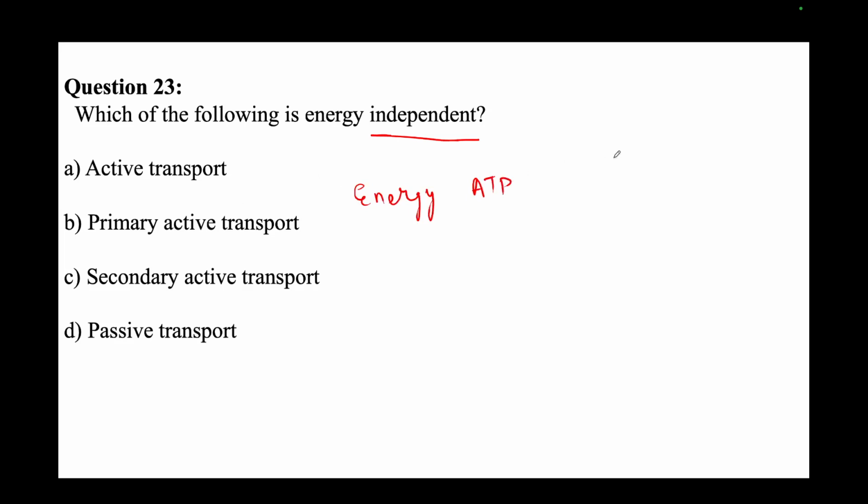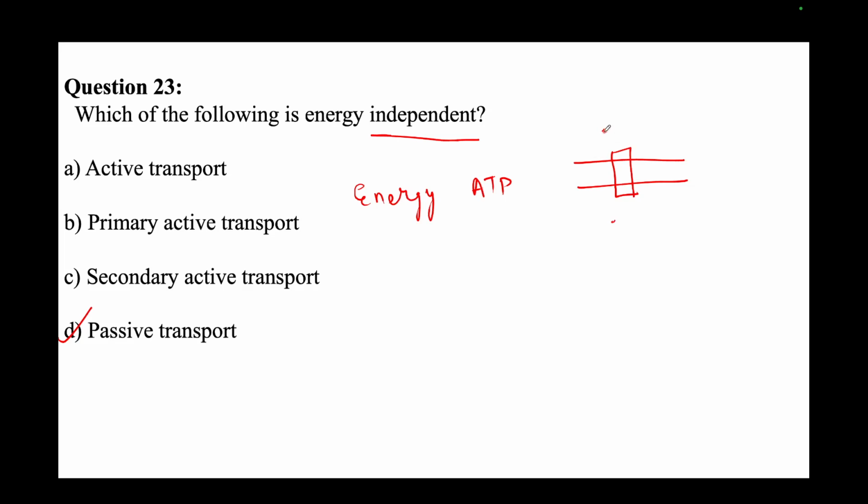Okay, so if we have a membrane, option D, passive transport, is the correct answer. Very good. So if we have a membrane and let's say there is a membrane protein, something has to move from this side of the membrane to this side.